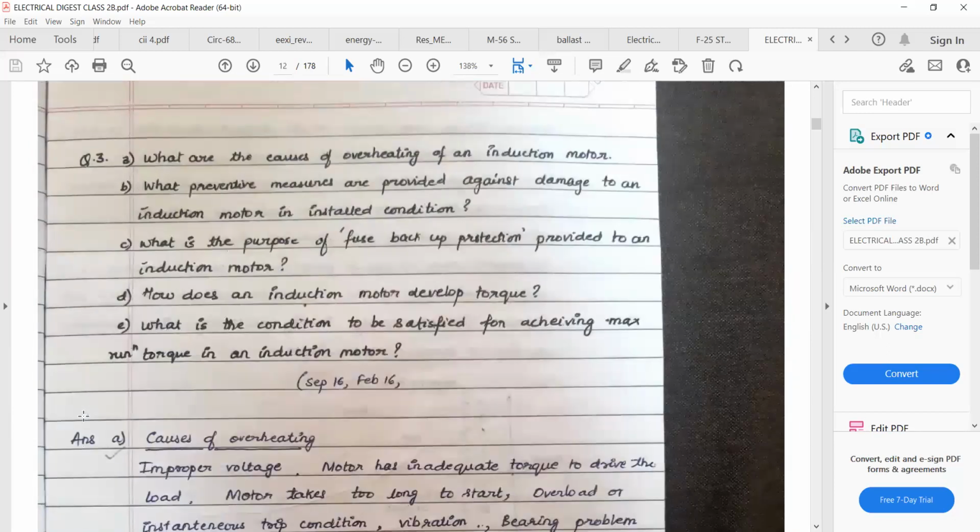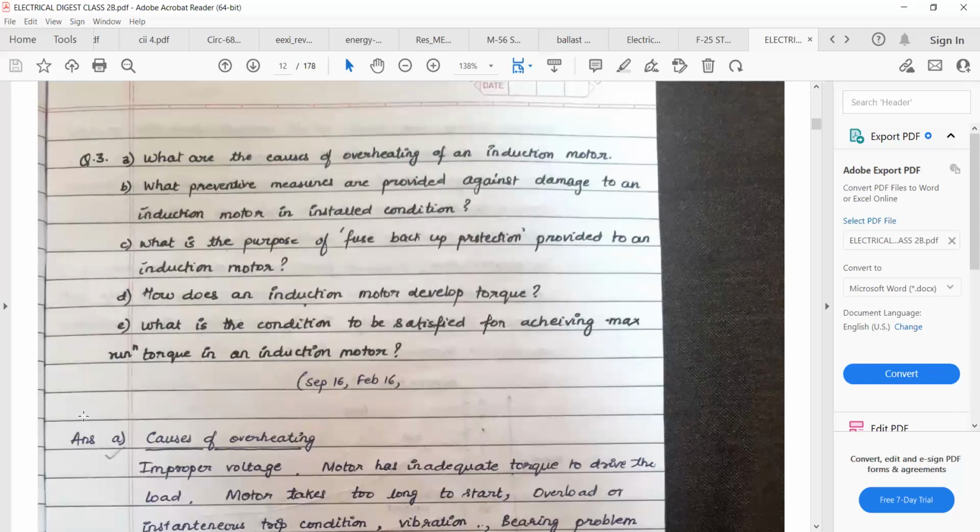Next is, what are the causes of overheating of an induction motor? What preventive measures? So what can be the cause for overheating? The long starting time, overload condition. Okay. So what preventive measures are provided against damage to the induction motor in installed condition? What are they providing so that your motor will not overheat?